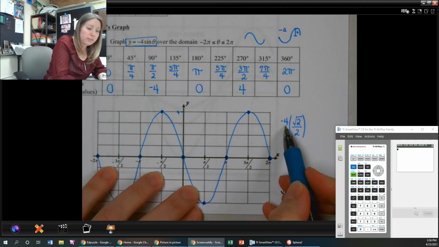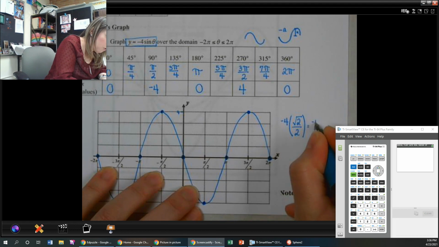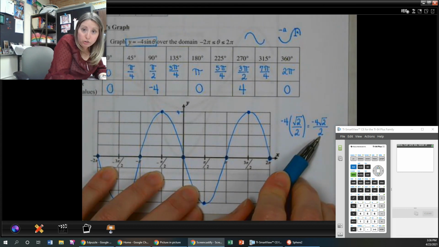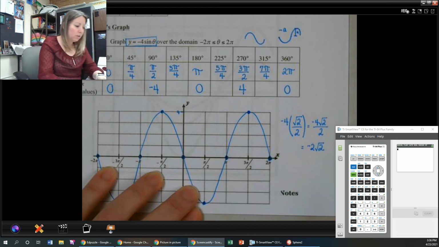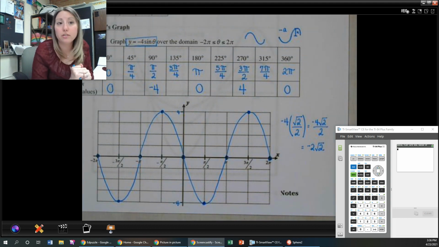And when I multiply something, I multiply in the numerator. So what this ends up giving me is negative 4 radical 2 over 2. And I know that negative 4 is evenly divisible by 2. So I end up getting negative 2 radical 2 is my 45 point.